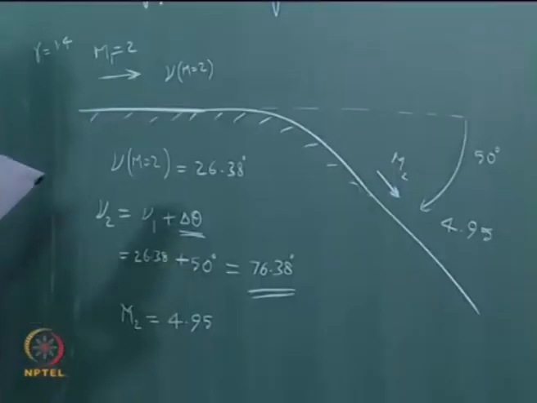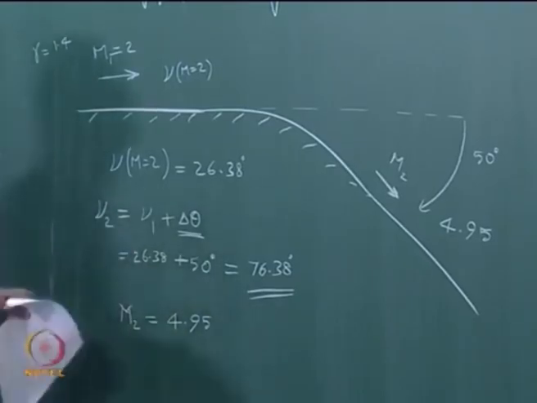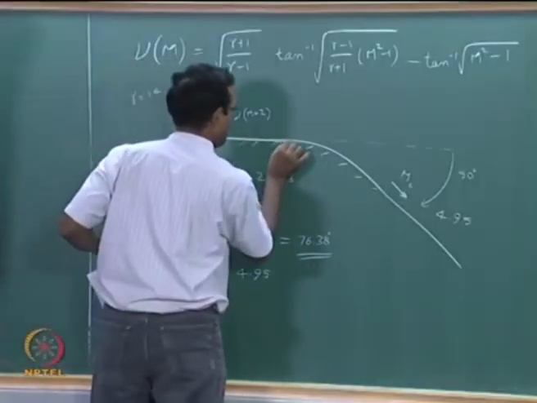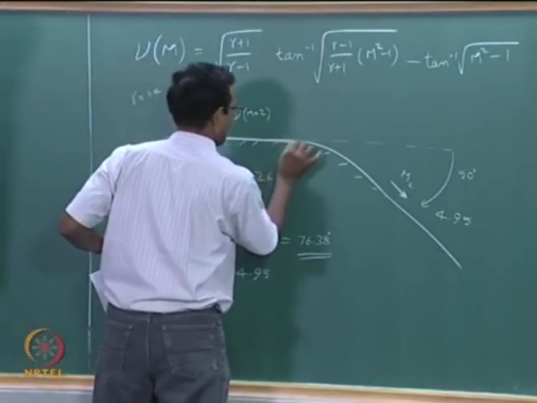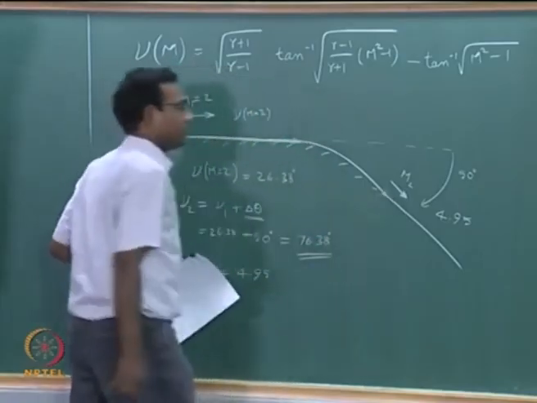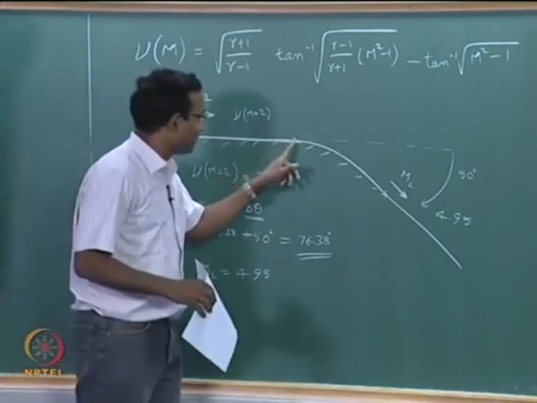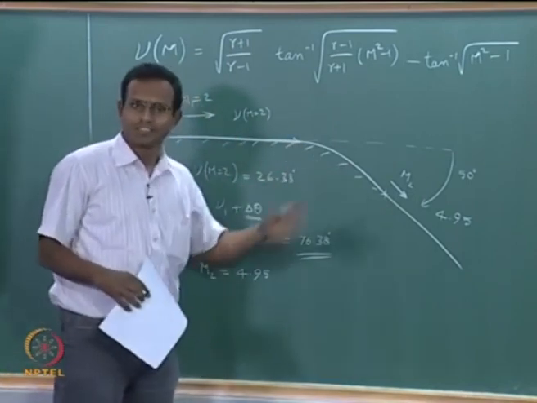Now this being said, I have to inculcate the habit of drawing the expansion fan the correct way. So let us say till here the line is all straight and this is the first point of change, and let us say this is the last point of change, and since it is a smooth corner, this expansion fan will be spread over this whole region. This is what we discussed last time.